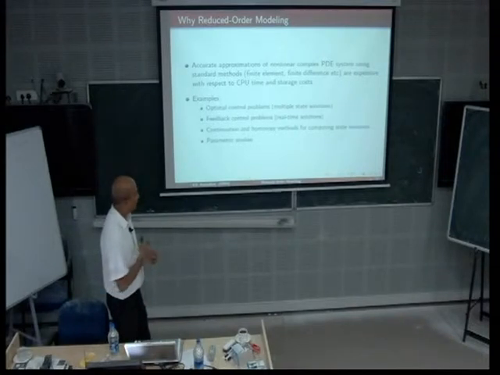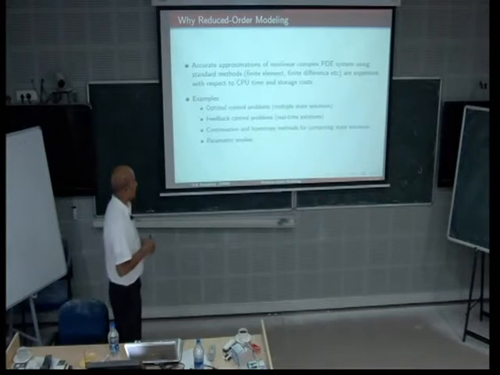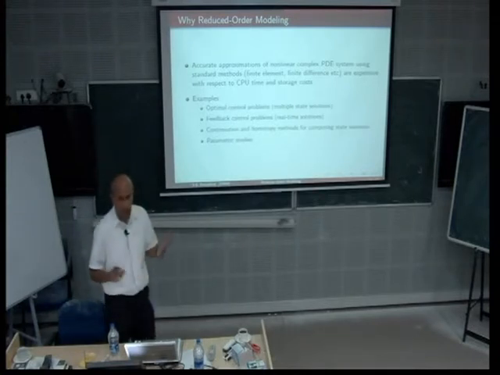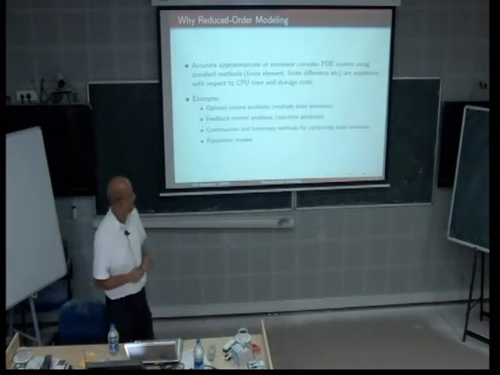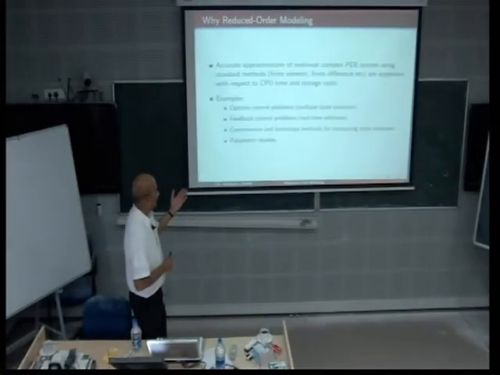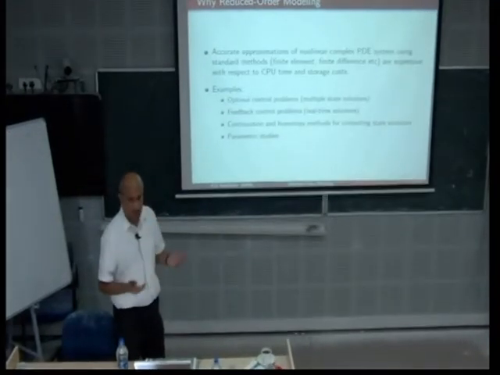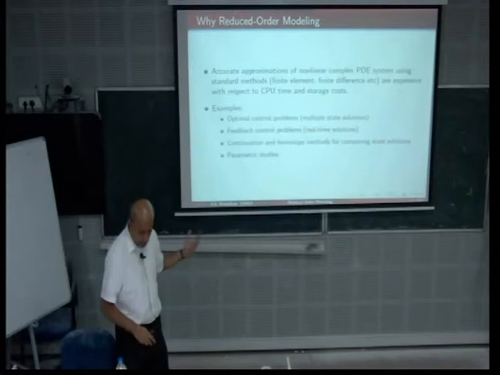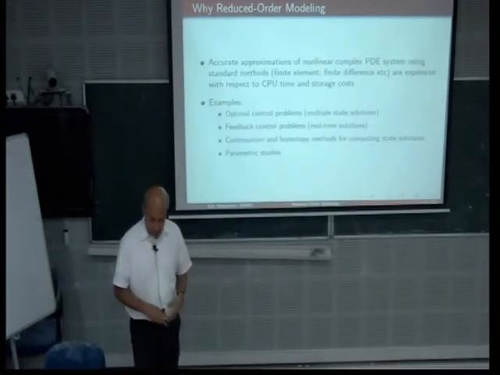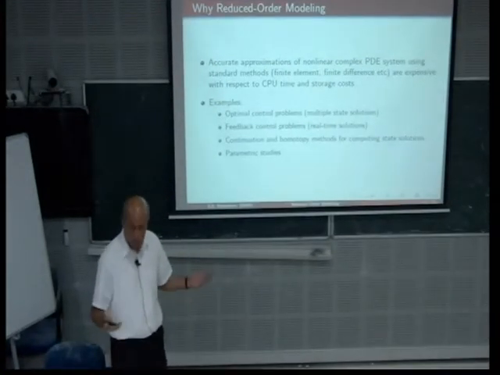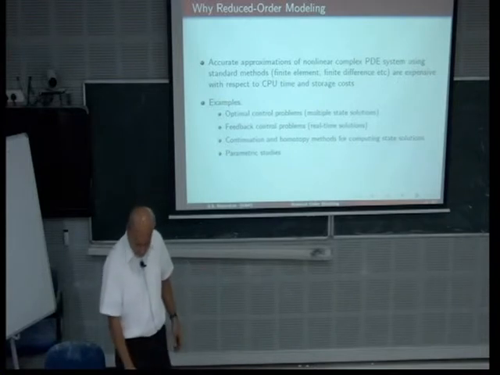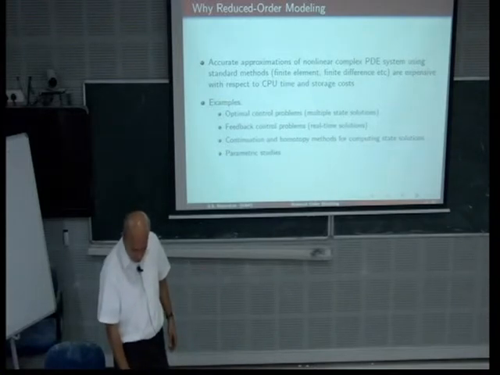So you would have to do forward, backward sweeps and so on. In feedback control problems, ideally you want to do simulation in real time. And there are classical problems like continuation and homotopy methods for computing state solutions, and parametric studies. If your problem involves many parameters and you want to do parametric studies, then the simulation is very demanding.